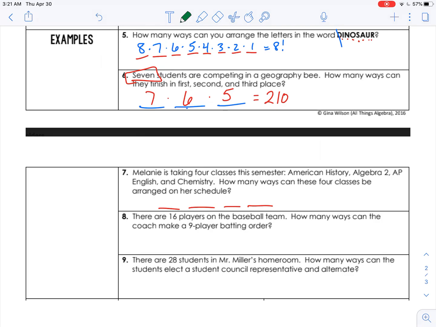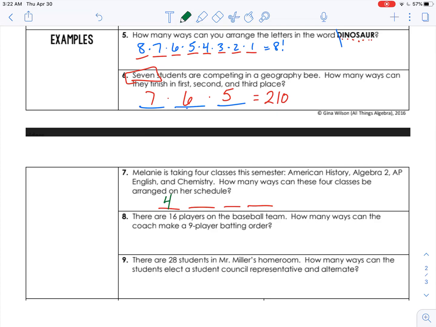So first hour, let's say, for whatever reason, the counselors like me, they're letting me choose what goes where. So first hour, how many classes am I picking from? Well, I've got 4 classes to pick from for first hour. Now let's say I put Algebra 2 first hour, because I want to start my day off right.